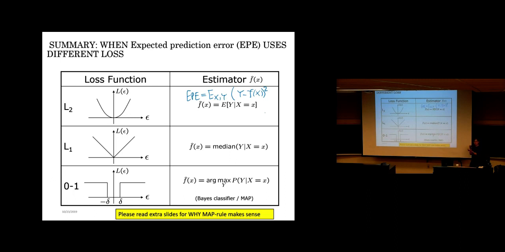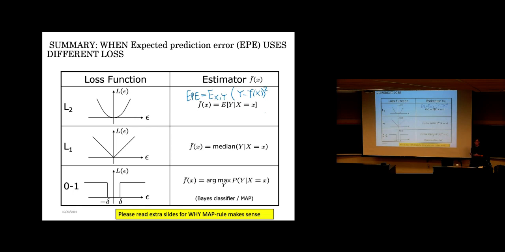If it's not a correct prediction, you contribute 1, which means it's a wrong prediction in the total loss accumulation. So if you use 0-1 loss in the expected prediction error, considering all the joint probability, the best classification rule you're going to get is the MAP rule. Any questions about this?